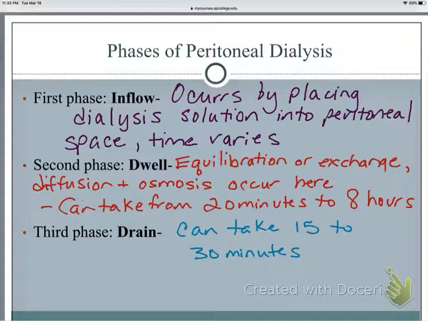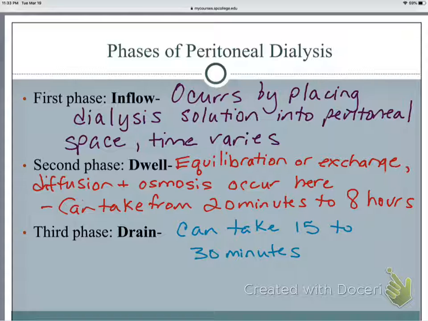So we're talking about exchanges. There's a first phase of the exchange, which is the inflow phase. It occurs by placing the dialysis solution into the peritoneal space, and it doesn't take too long to do.